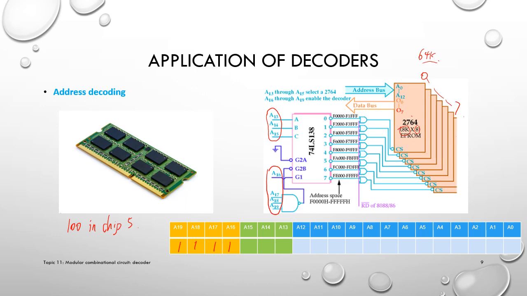Remember we talked about this decoder? Since we are going to select chip 5, CBA corresponding to A15, 14, 13, where C is the MSB, should equal 1, 0, 1. This will select the 5th output here, and it's active low, so this line will give a 0 out here, and this 0 will pass through this OR gate.